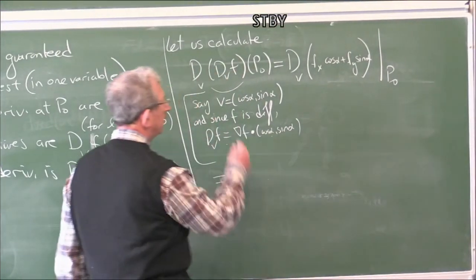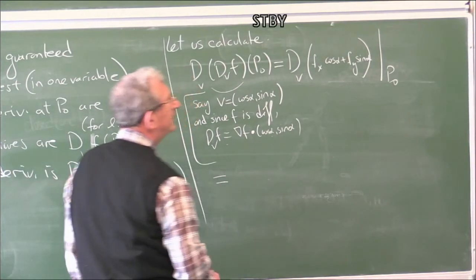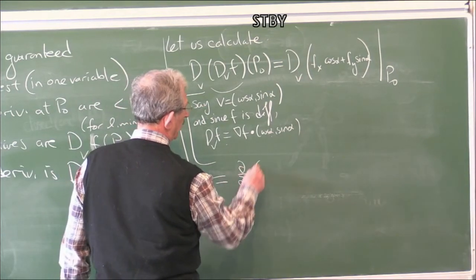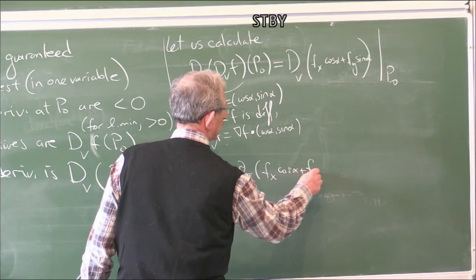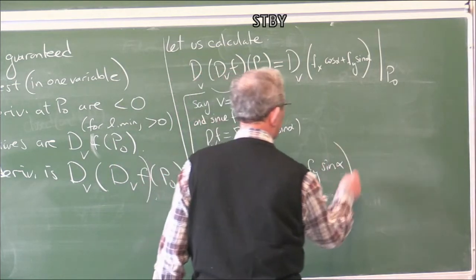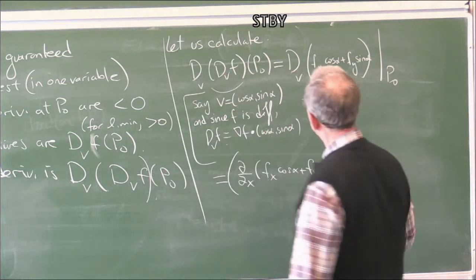But then this means that we have the derivatives of f sub x cosine alpha plus f sub y sine alpha times, okay, maybe I should write that.